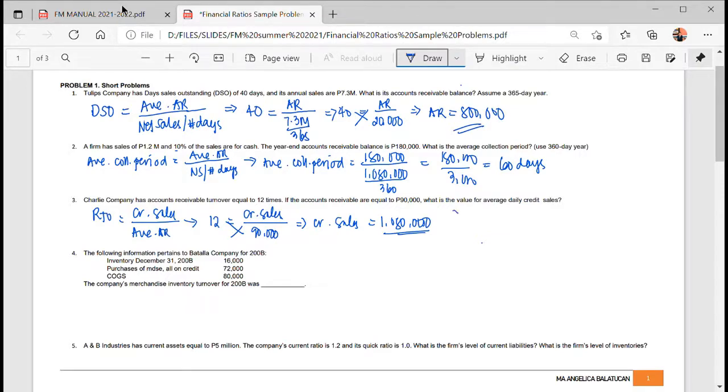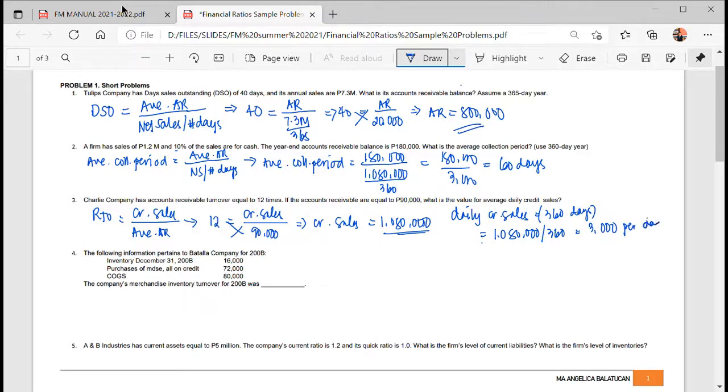What is our daily credit sales? If we're using 360 days, that's 1,080,000 divided by 360. That is 3,000 a day. So 3,000 per day.